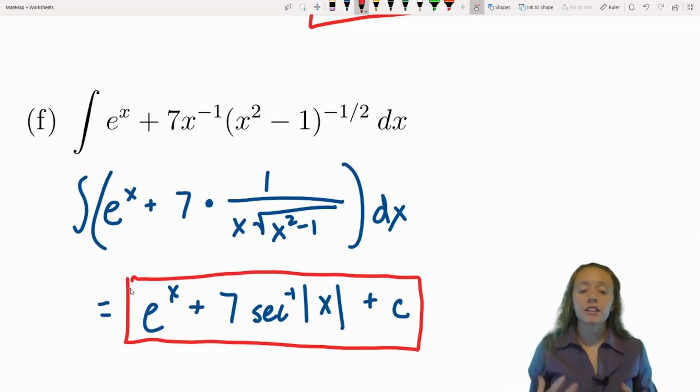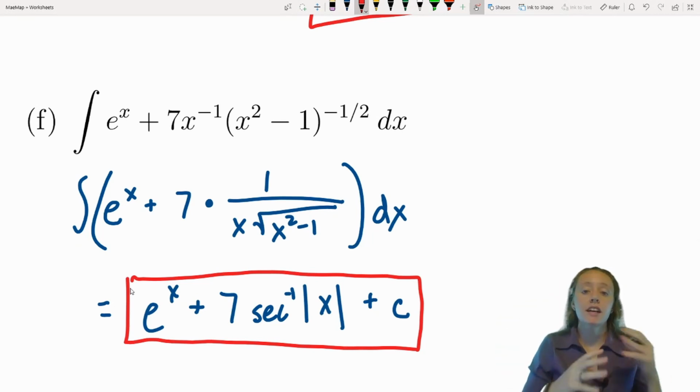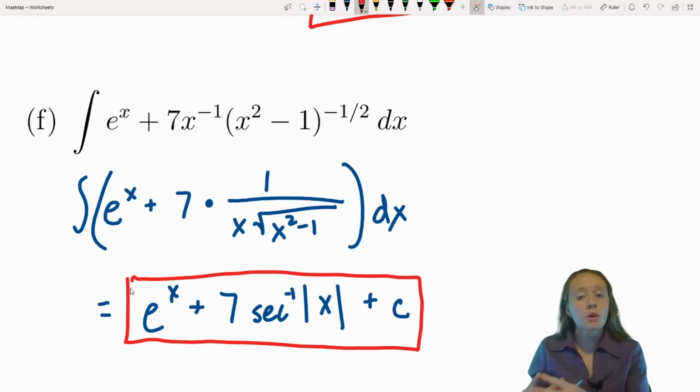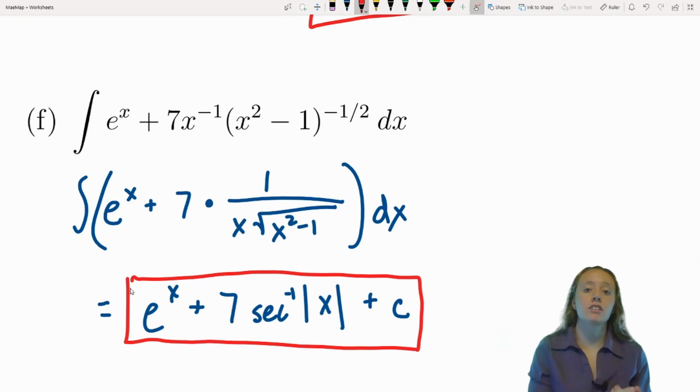Now, with our current knowledge for integration, we only have a select set of rules and a select set of methods to go off of. So using those known techniques and a little bit of algebra, we can already integrate a lot of different problems. Eventually, we're going to learn a new integration technique and then even more integration techniques when we get into calculus 2.